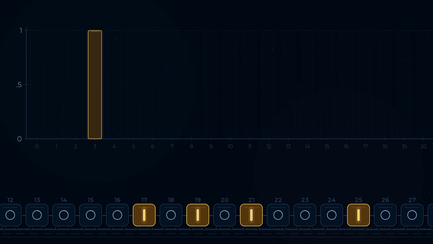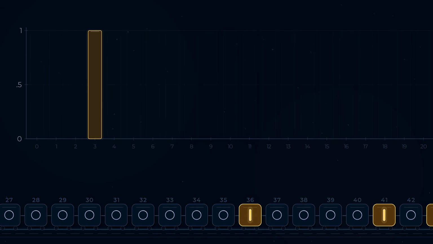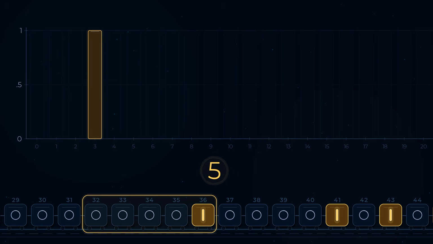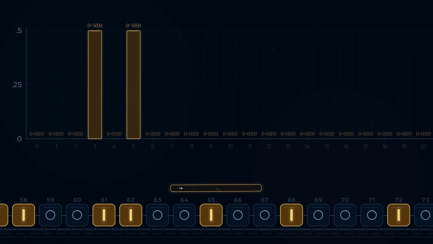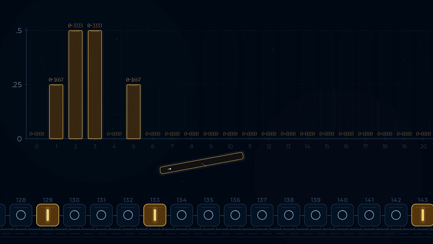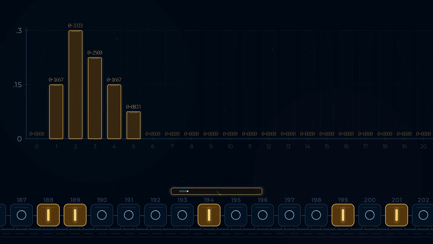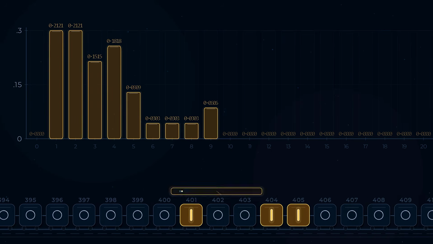Let's repeat this experiment once more, and we see that this time around the success arrives on trial number 5, so we'll record number 5 as the realized value of our random variable of interest. And then we'll just repeat this experiment again and again until the empirical distribution materializes.